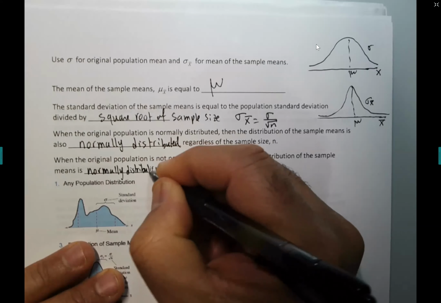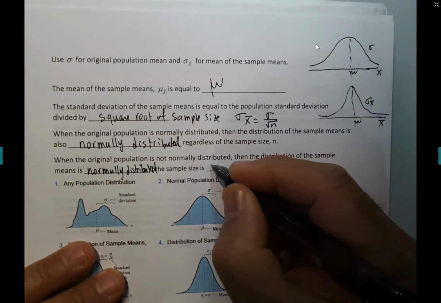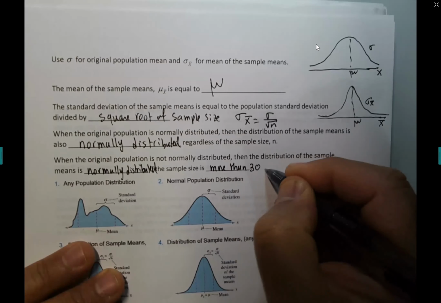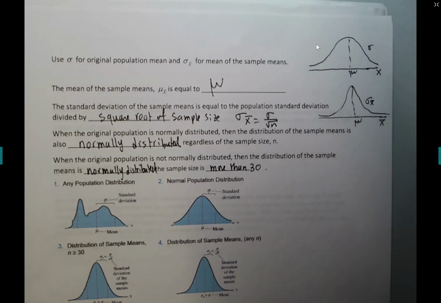I use 36 and 100. If the sample size is 30 or more, that is a large sample size. I use 36, I used 100, but the cutoff number is 30. When he says use a large sample size, he's referring to 30 or more. So 30 is the cutoff number.